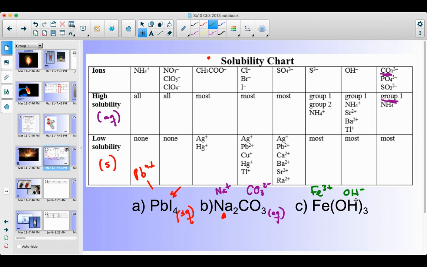So this is where I now find my anion, OH negative, and I'm going to find Fe3 positive. It is not in group 1, it's not in the first column, it's not in any of these, which means it falls under the "most." So anything that's not up here means it's in the "most," which means it's low solubility, and therefore I get to put the state as a solid.